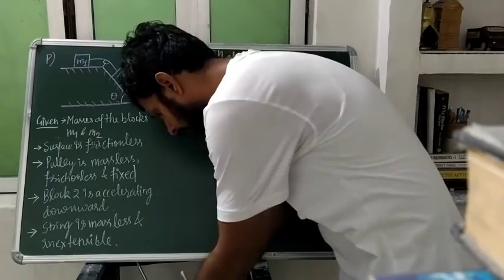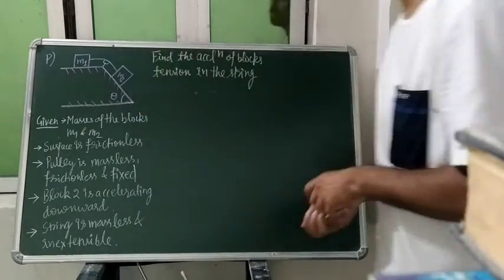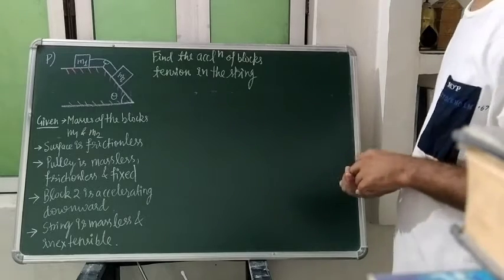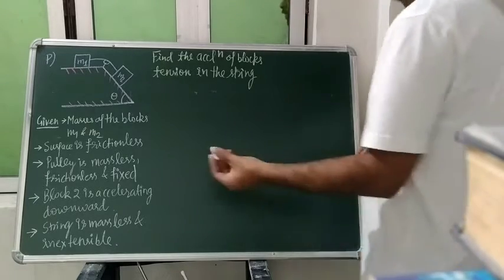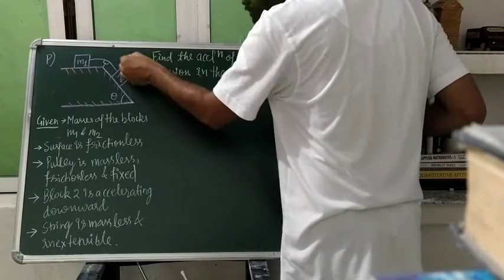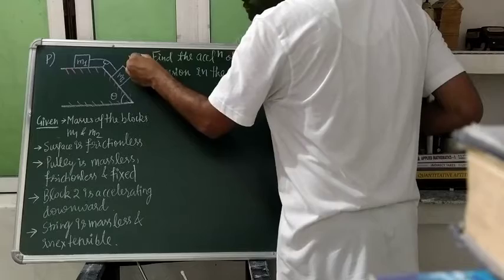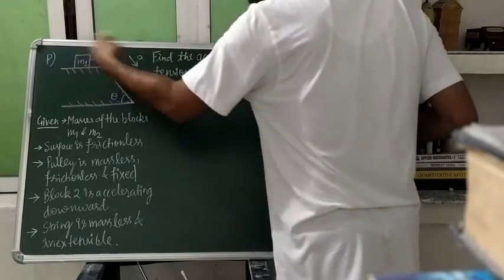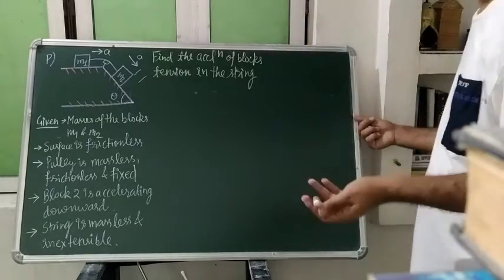I hope you have understood what the problem is saying to us. Our first task should be, students, suppose this mass is accelerating downward. Then this mass will accelerate in the positive x direction on the horizontal surface.